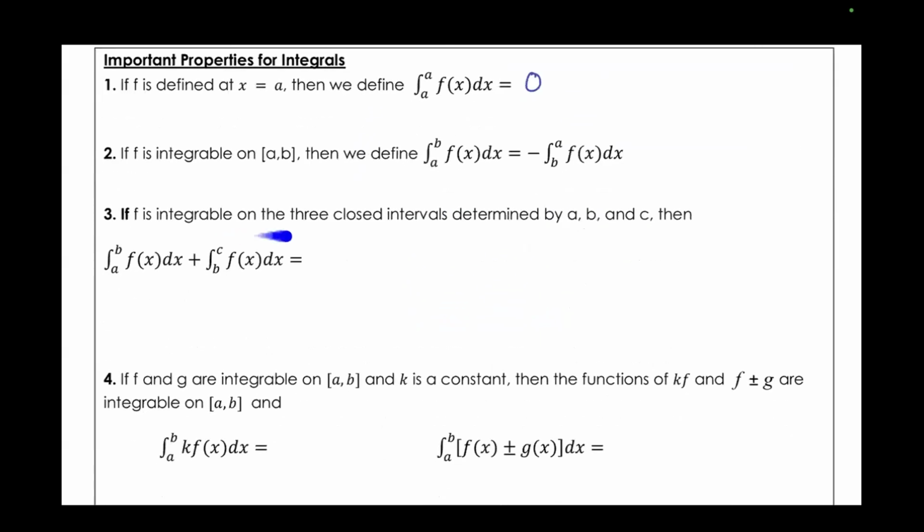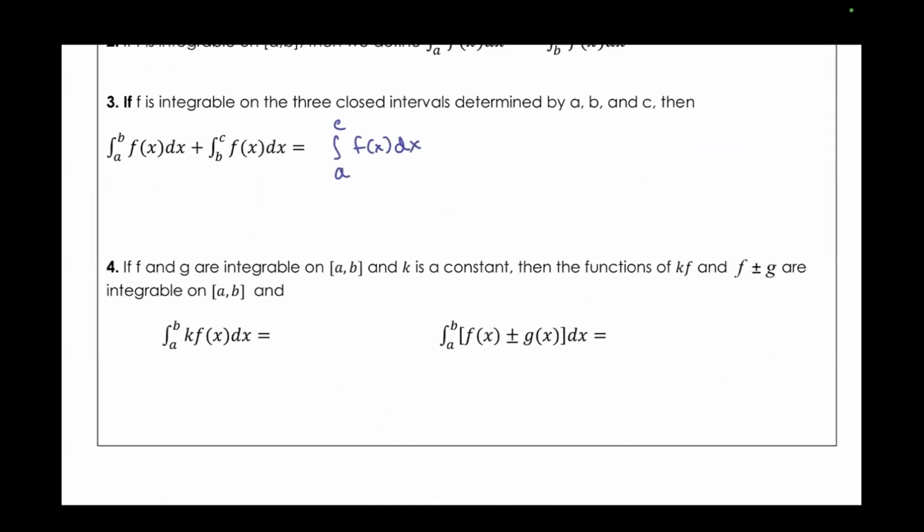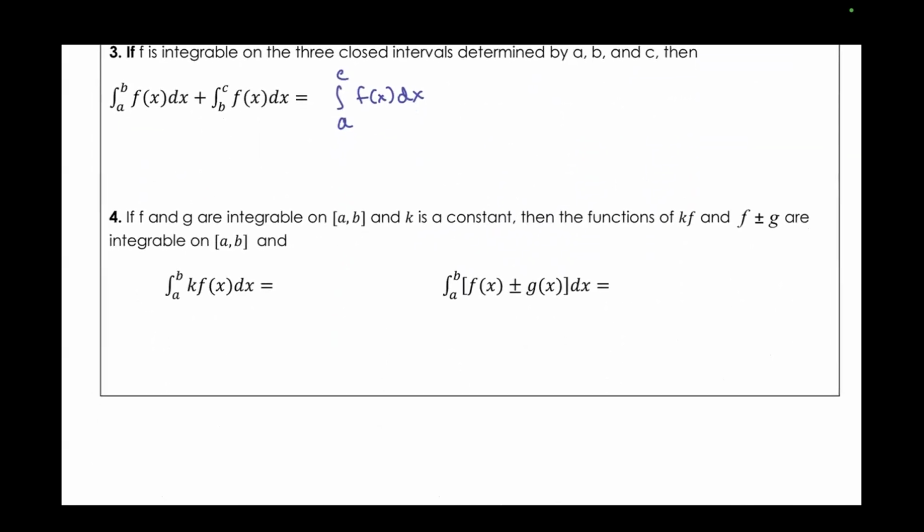If f is integrable on the three closed intervals determined by a, b, and c, these match up, so it'll go from a to c. I don't have to know that a is less than b is less than c. Doesn't matter. And if I have a constant in the integrand, I can just put that out in front of the integral sign.